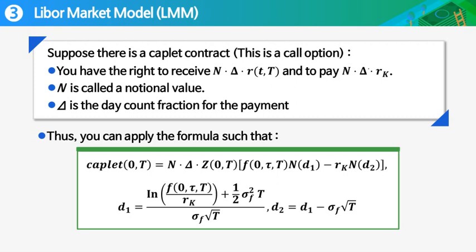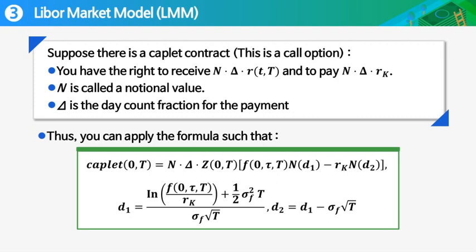This part you can regard as the exercise price in the call option. Here N is called the notional value. You cannot receive interest rate. You receive some money multiplied by the interest rate. That is what you receive.